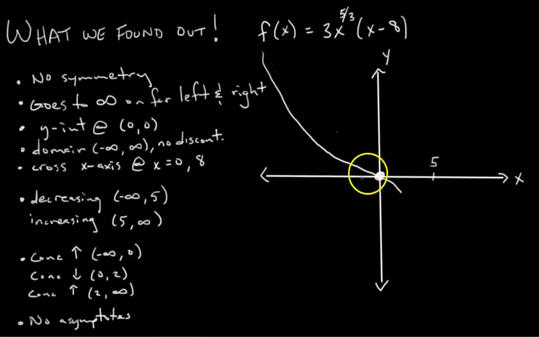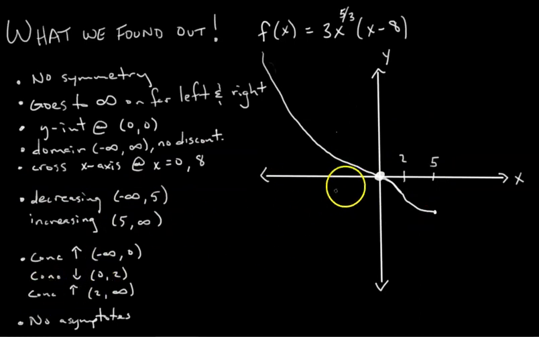And also at x equals 2, we're going to switch from being concave down, from curving down to curving back up again. And that kind of makes sense. It has to start curving back up again if it's ever going to flatten out. So we're concave down, but then at 2 we start curving back up, and then we go flat here at x equals 5, because that's where we stop decreasing and start increasing.